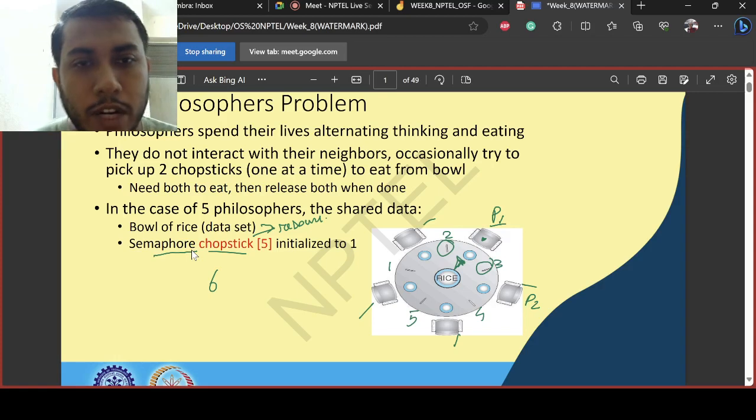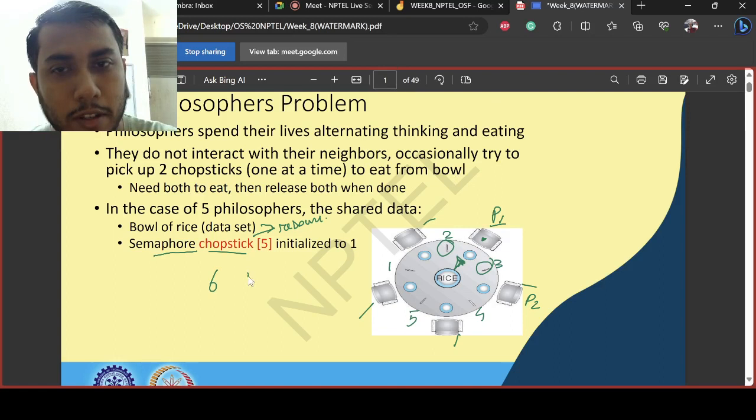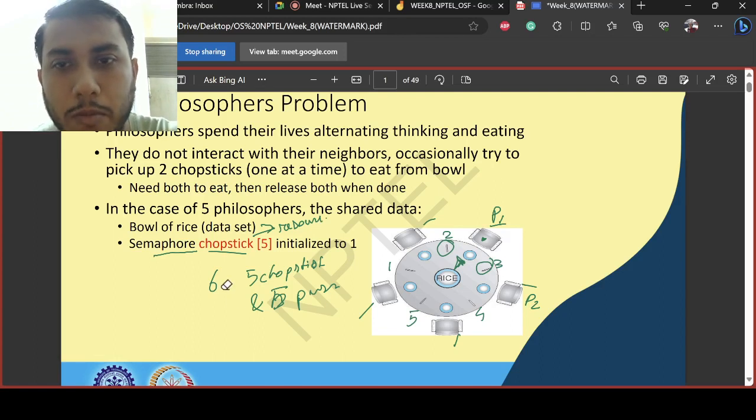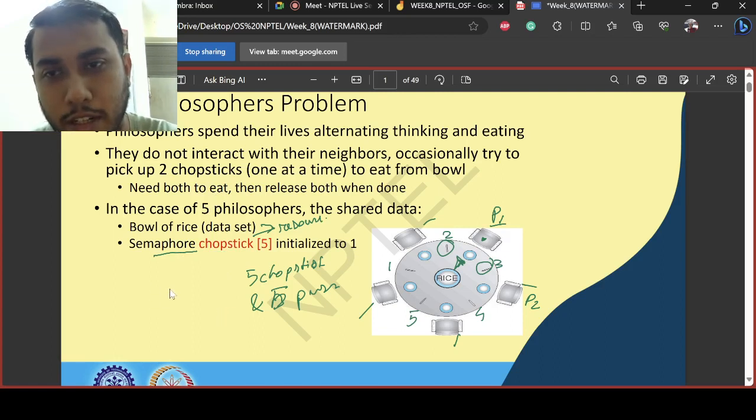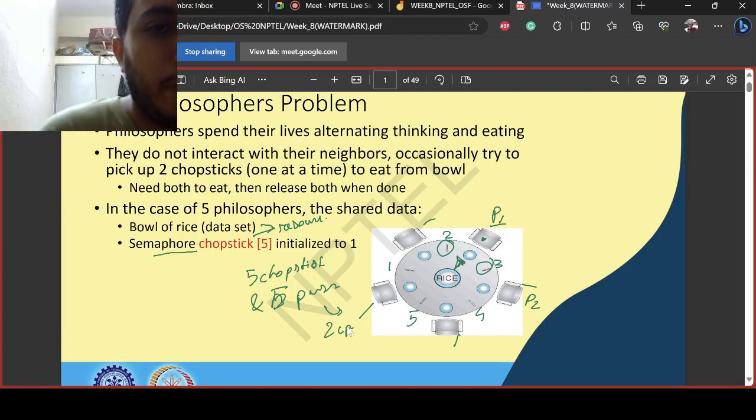To eat, you need 2 chopsticks. So what is the problem here? We have 5 chopsticks and 5 persons. Naturally, all of them will not be able to eat together, because there is a scarcity of chopsticks. Each person needs 2 chopsticks to eat, and only those available one beside the other will be able to pick them up.